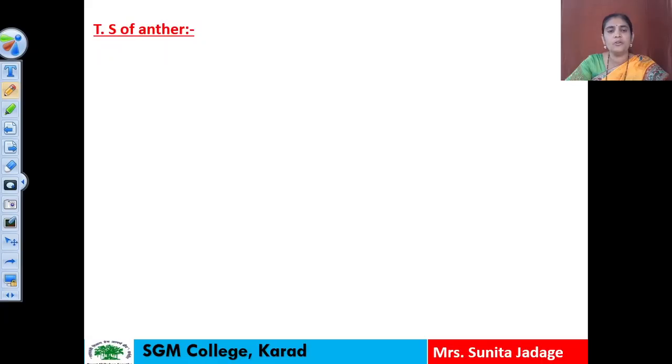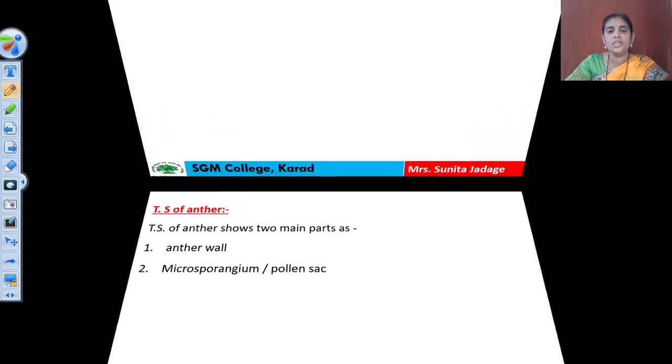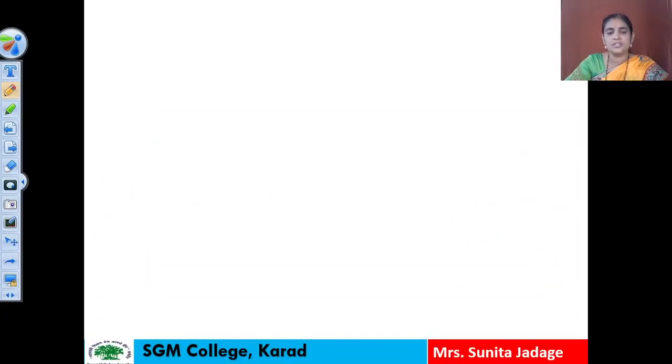Anther is a part of the stamen and it is the fertile part of the stamen, showing two main parts. The first part is known as the anther wall, and the second part is known as the microsporangium or pollen sac. The anther wall is made up of four layers. Which are those four layers?